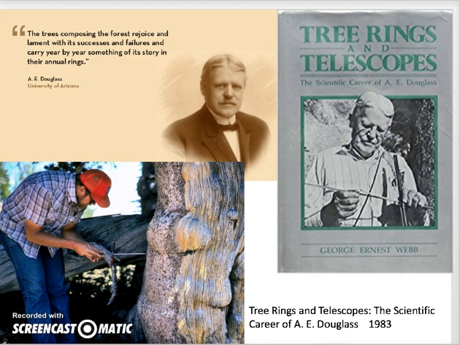So let's talk about dendrochronology and dendroclimatology. Dendrochronology is the study and dating of annual rings in trees. Tree ring analysis assumes that annual growth rings reflect significant events during the tree's life.